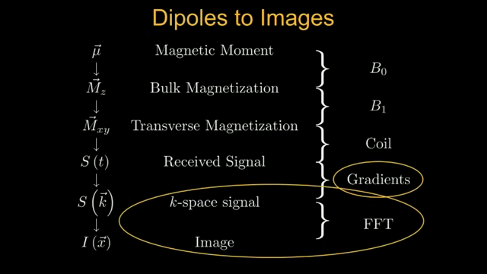This forms a bridge from the physical domain into a mathematical domain. The gradients actually allow us to impose some mathematical tools and analyses that have been well studied in different fields. That gives rise to what we call the K-space signal and is directly involved in the formation of an image. We will start to introduce some of these concepts today, but you'll learn more over the course of the next few weeks.